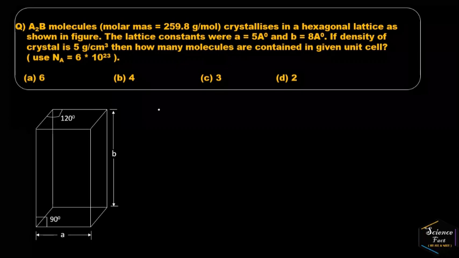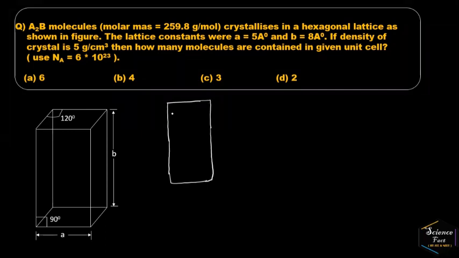Suppose we have a hexagonal prism like this. It is not necessary to draw it here, but for understanding I am going to draw the hexagonal prism, and where this primitive unit cell is present will be clearly visible in the diagram.